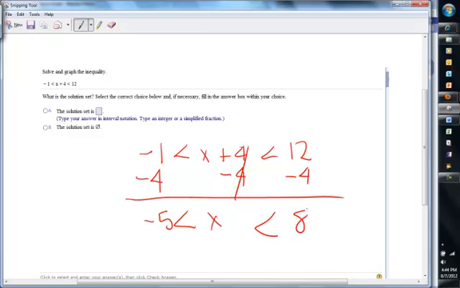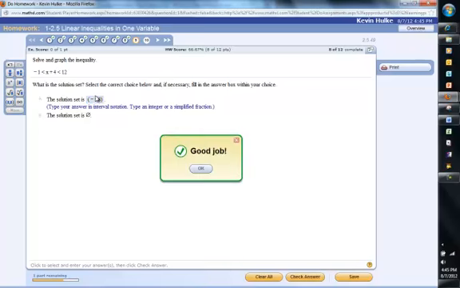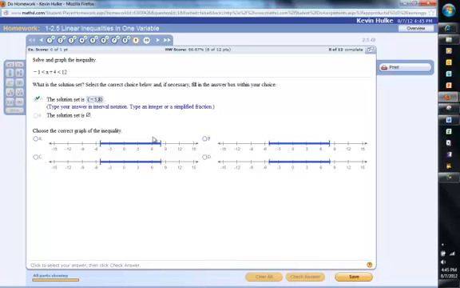They wanted an interval notation, so we start with negative 5. Notice it's parentheses because it's less than, and it goes up to 8. So parentheses, negative 5, comma 8, close parentheses, and it's going to be parentheses at both ends.